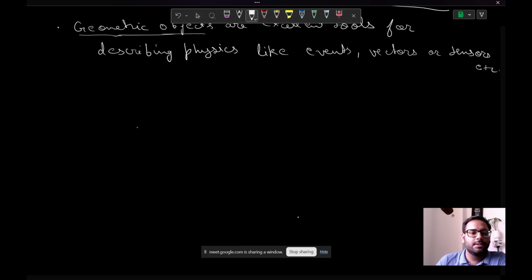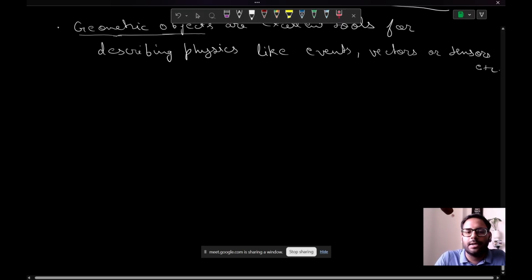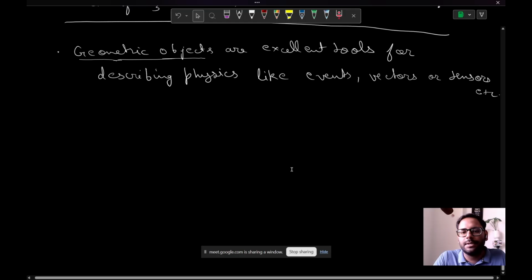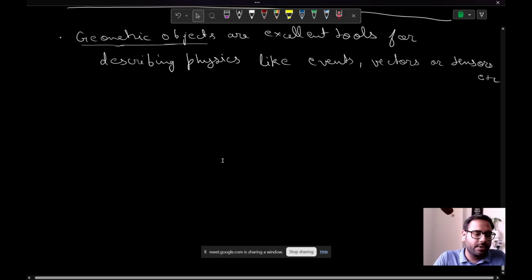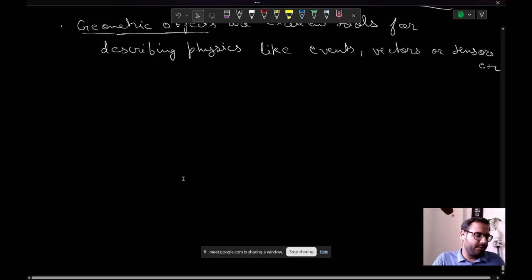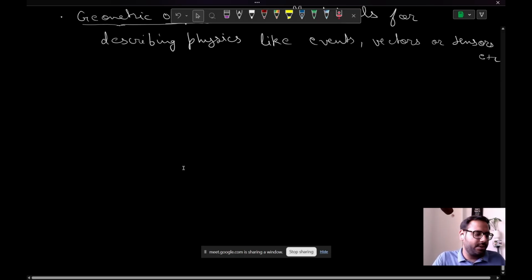We will use such geometric objects and the ways to represent them to describe our universe's most fundamental equations of the special theory of relativity, or say the normal Galilean relativity.